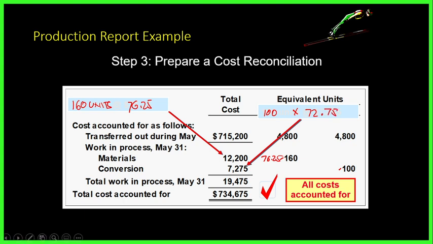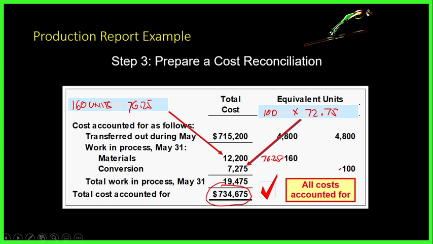That is the cost per EUP for conversion cost, and the cost per EUP for your materials. Now you multiply that and then you add, and the total is 734,675, which is the same as your cost to be accounted for. Okay po, so that's all there is to it. That's for your weighted average.